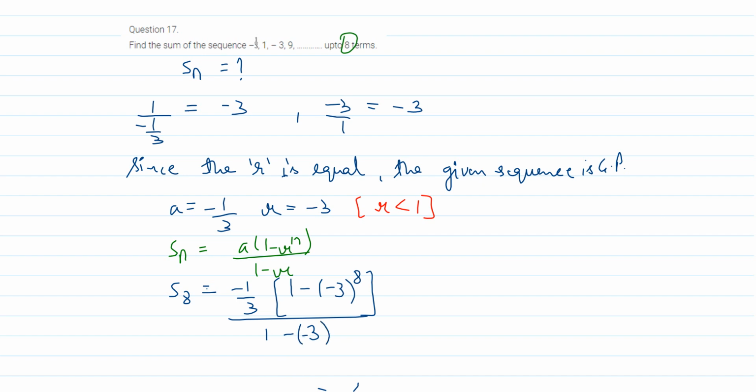That will give me in the denominator 4 and minus 1 upon 3. Since this n is raised to an even number, my minus 3 will become positive, so I'll be writing 1 minus 3 raised to 8.